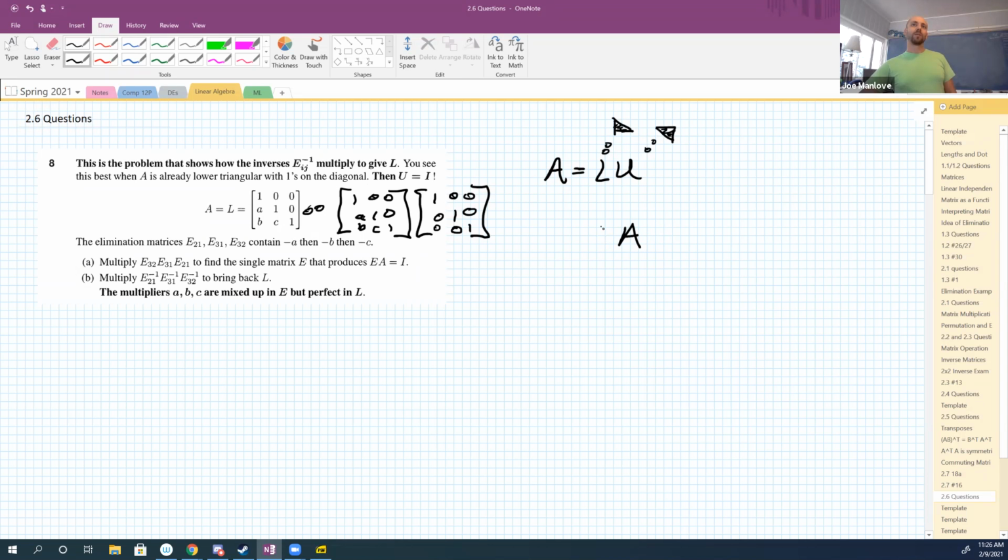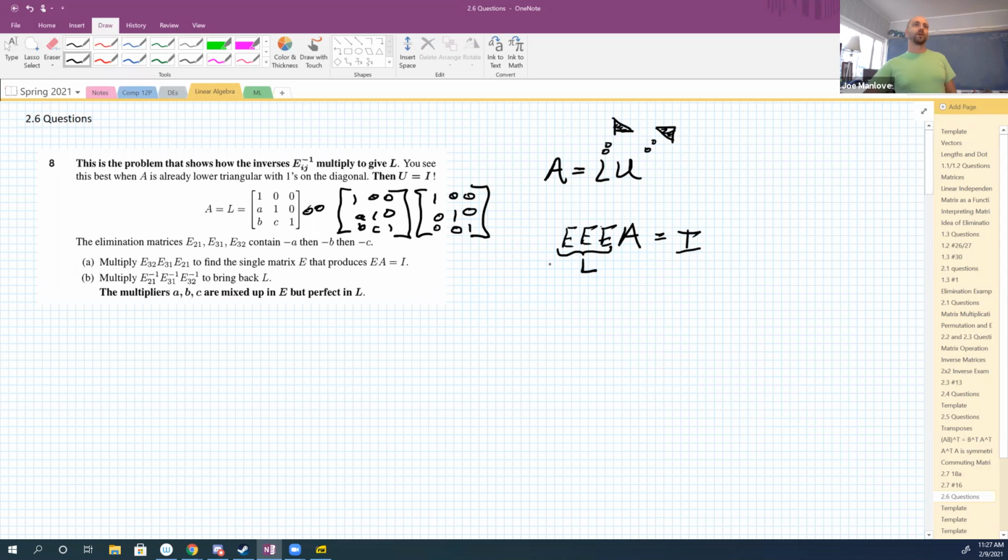So as I multiply by those elimination matrices, these guys, right? I'm going to end up with the E_i's multiplied together times A giving me the identity matrix. Then the product of all of these is going to be a lower triangular matrix, and the inverse of that is going to be the L in my... sorry, yeah.